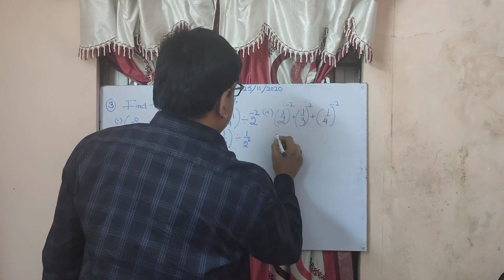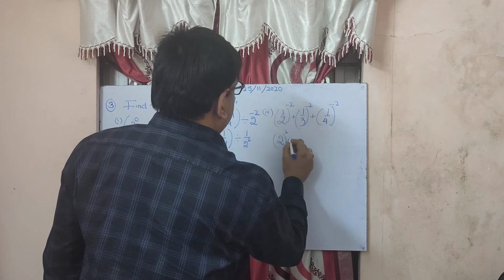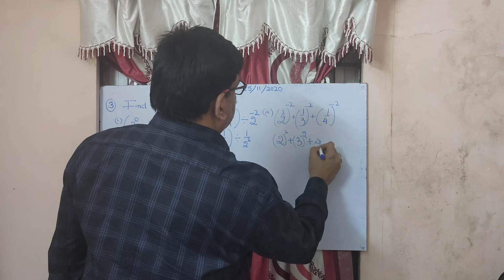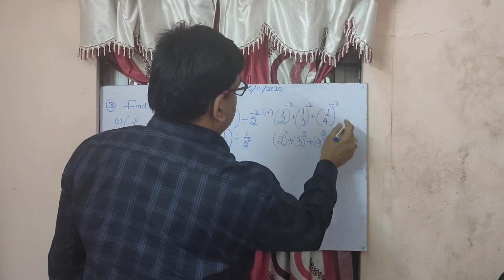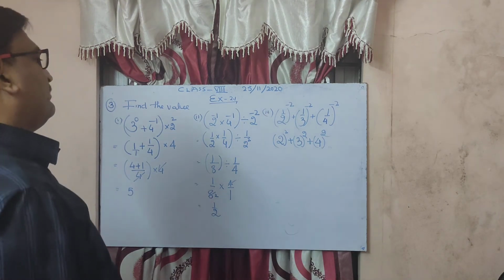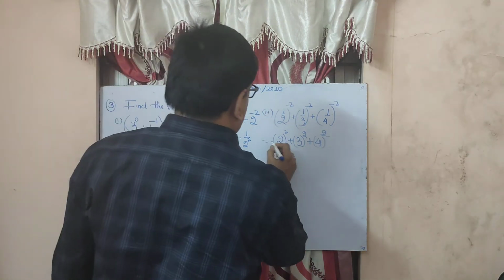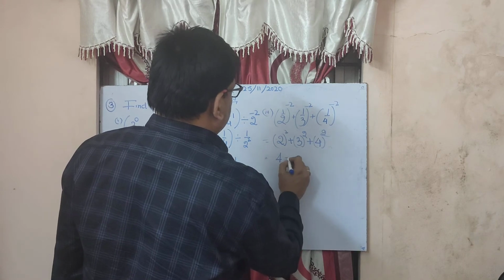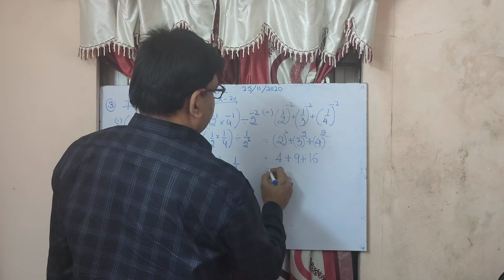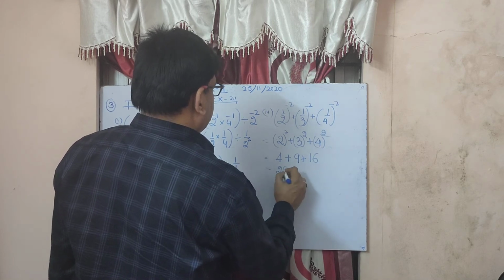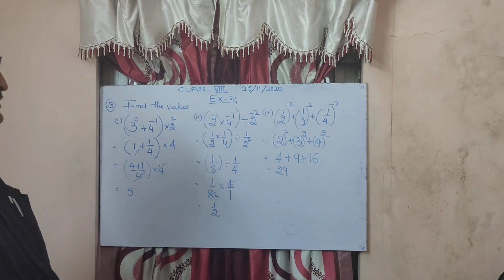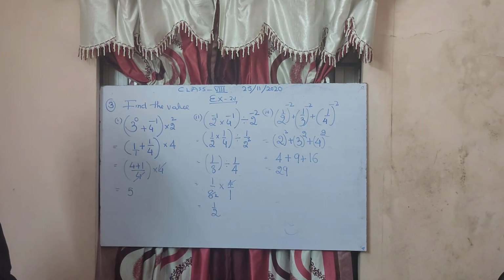So change numerator into denominator and denominator into numerator, then the power becomes positive. 2 square is 4, 3 square is 9, 4 square is 16. 25 plus 4 is 29.